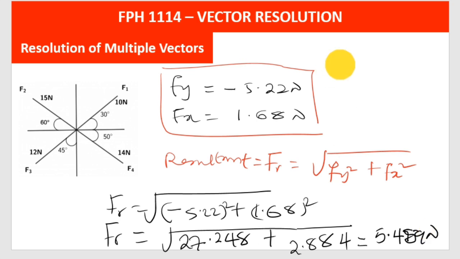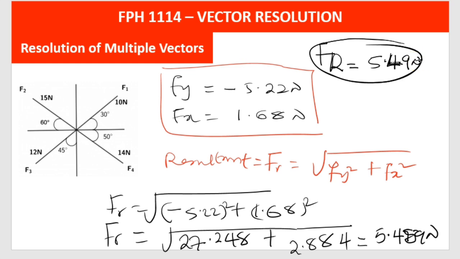So approximately the resultant Fr is equal to 5.49 Newton. So this is all we have.